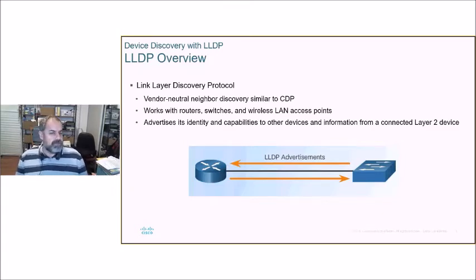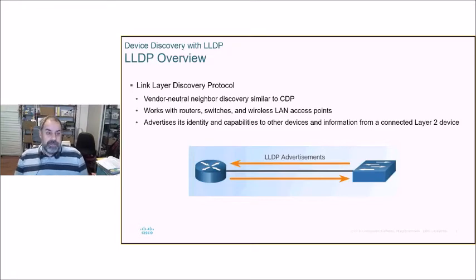A vendor neutral, standards-based version of it has been created called Link Layer Discovery Protocol, or LLDP, and it's much the same as CDP, but other vendors do support it. I'm not sure how many other vendors, but it's open, and it works with routers, switches and wireless access points, advertising identity and capabilities to other devices and gathering information from a connected layer 2 device.